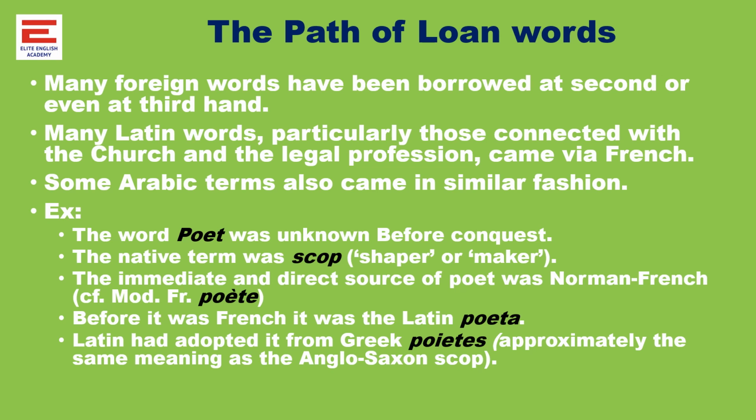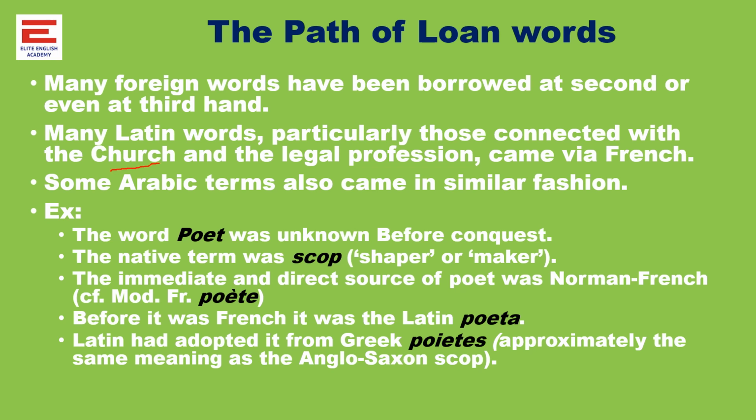Another interesting factor to be noted is that English words sometimes are not directly derived from the original language. They come through different ways, like second-hand or third-hand borrowing. For example, many Latin words come through church usage.